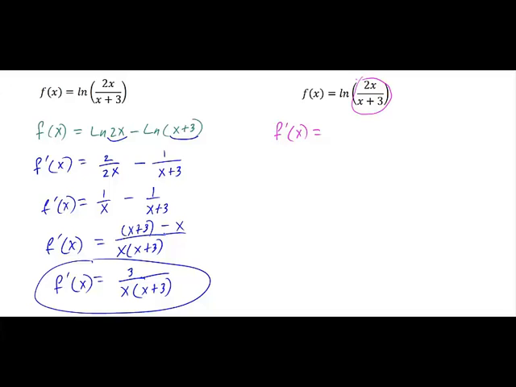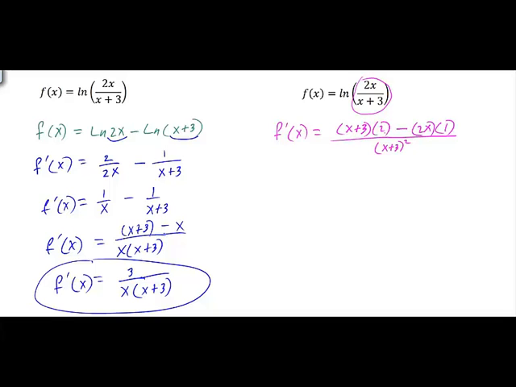So the quotient rule says we're going to take the bottom piece, x plus 3, multiplied by the derivative of the top, which would be 2, minus the top piece, the 2x, multiplied by the derivative of the bottom, which would simply be 1. And all of this is over the denominator, x plus 3 squared.